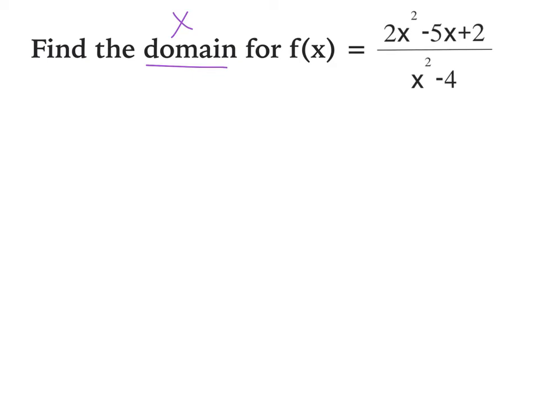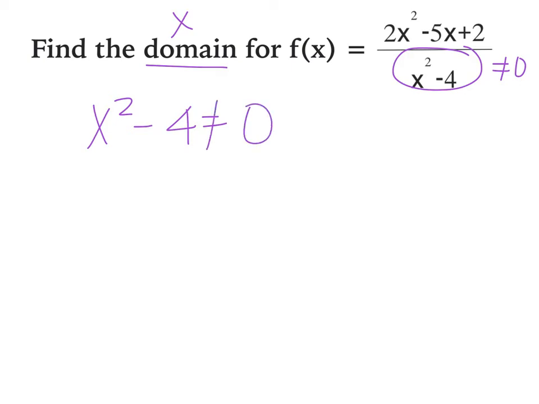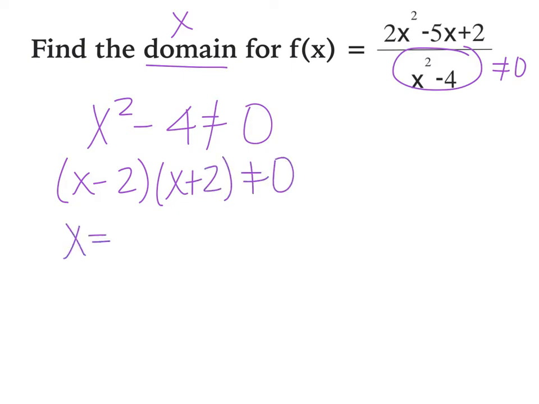For a rational function that has a fraction, especially with an x in the denominator, the rule is that the denominator cannot be 0. So I'm going to set my denominator not equal to 0, and I'm going to factor. So I get x should not be 2, and x should not be negative 2.